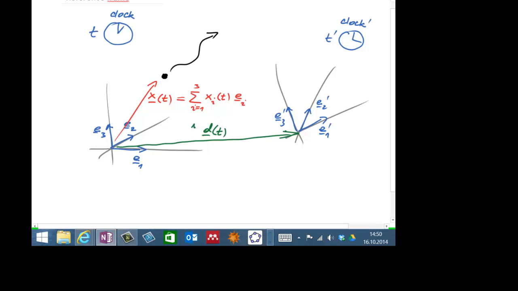A second difference is that the ei prime is in general rotated with respect to the ei, and I denote this with a rotation operator.